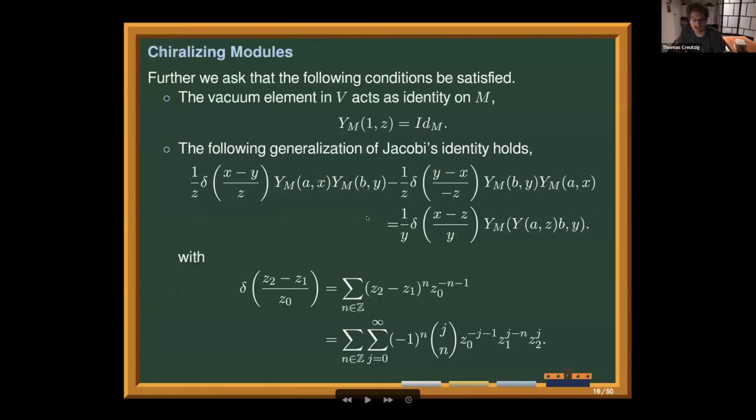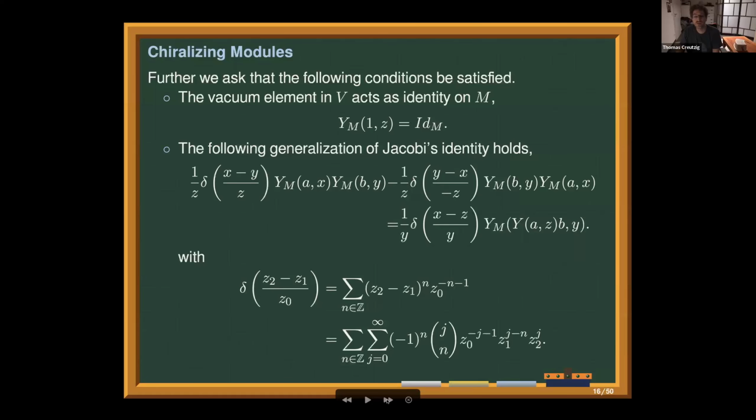Hard to remember the exact form, but you see what it involves is products of the fields in different orders, right here, field associated to A times field associated to B. Here we swap the order, and here we convolute, here we associate, and there should be a certain identity satisfied, where this delta is a formal delta distribution.